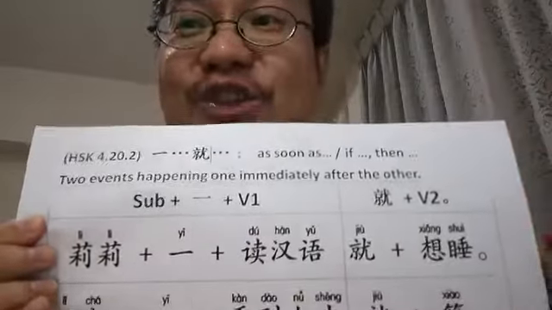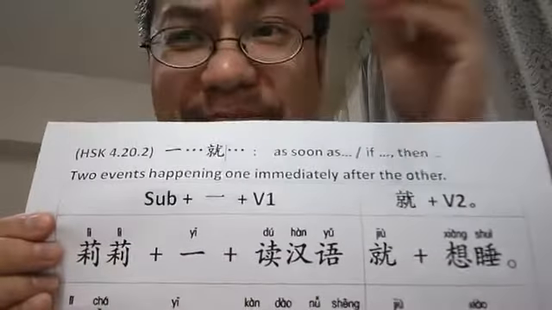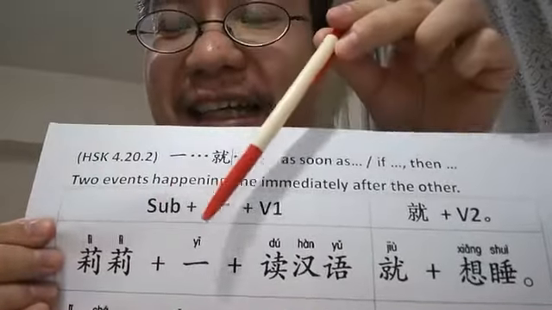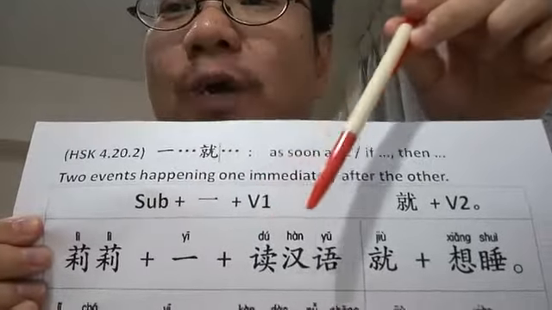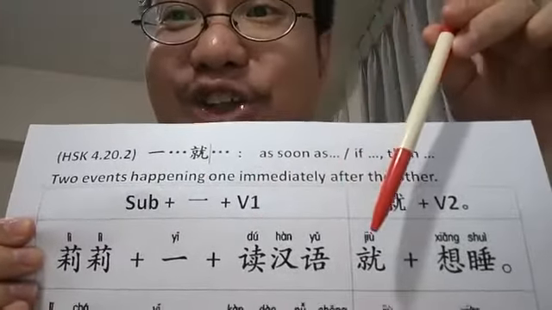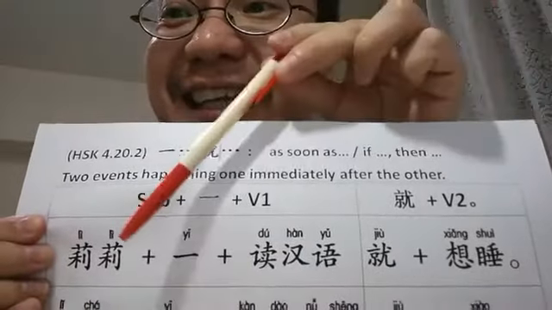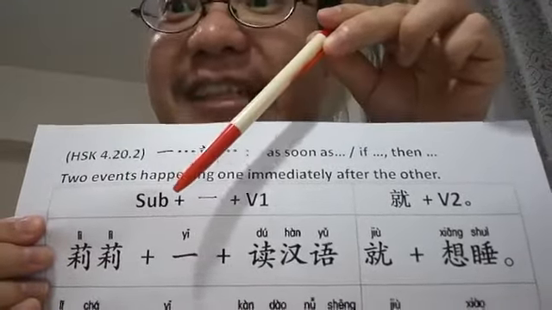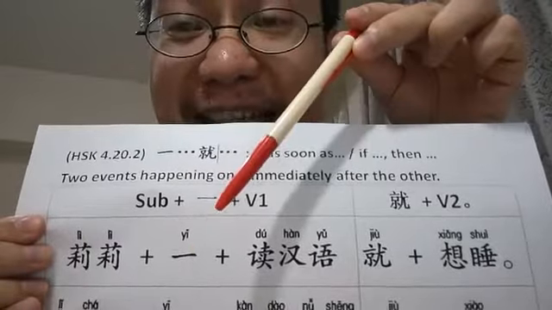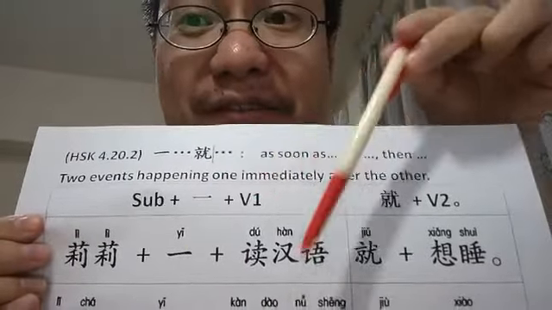So let me give you some example sentences. 丽丽一读汉语就想睡. 丽丽 is the subject, right? Then we use 一, then verb 1.